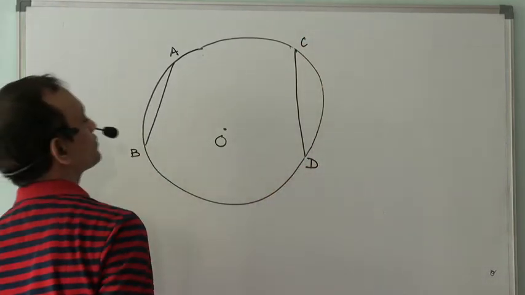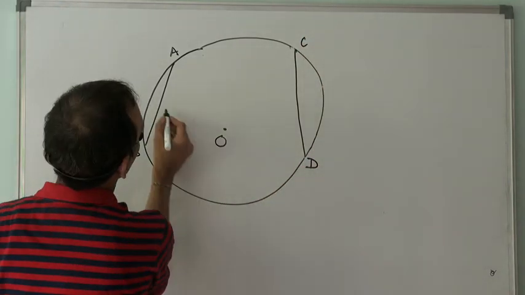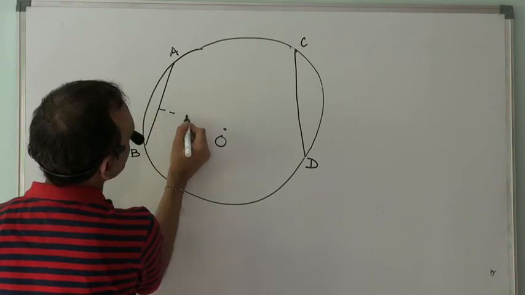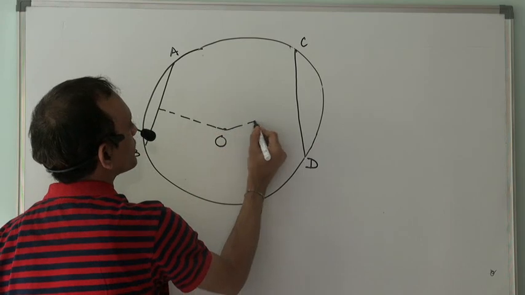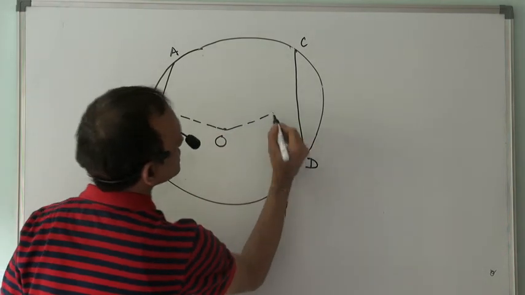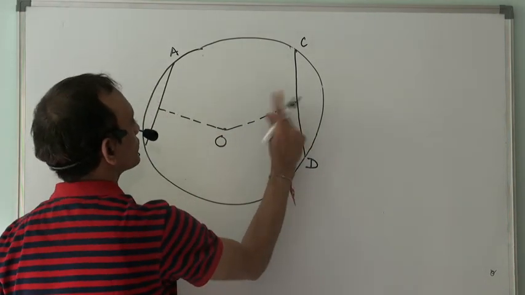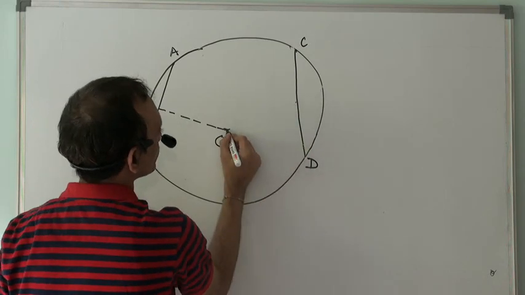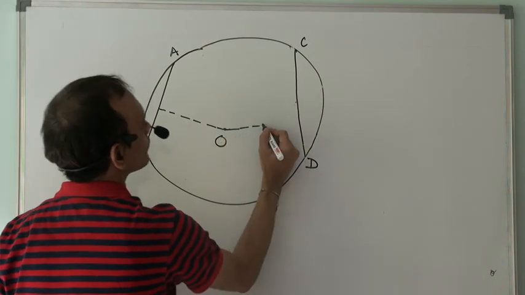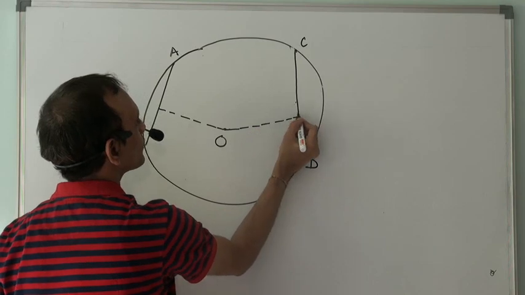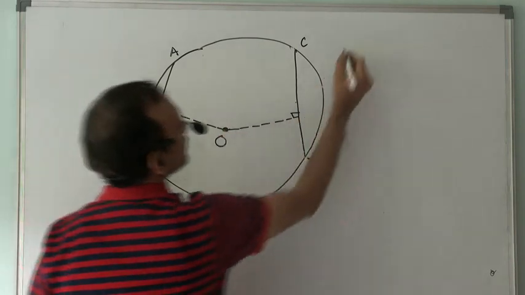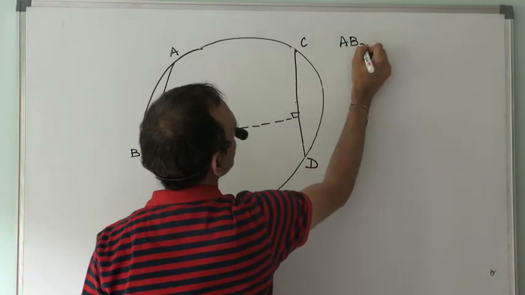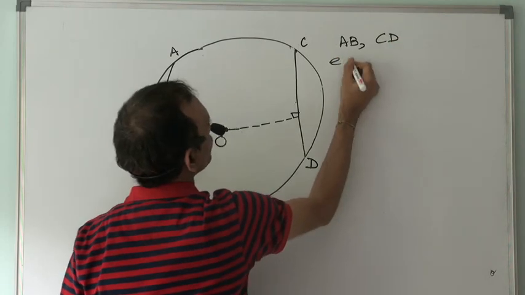AB and CD are two chords, and say the two chords are equidistant from the center. These are two chords equidistant from the center of the circle, AB and CD equidistant from O.